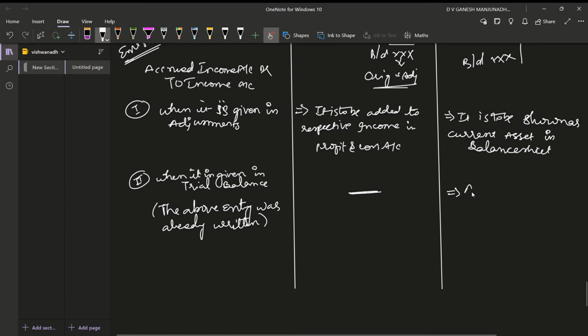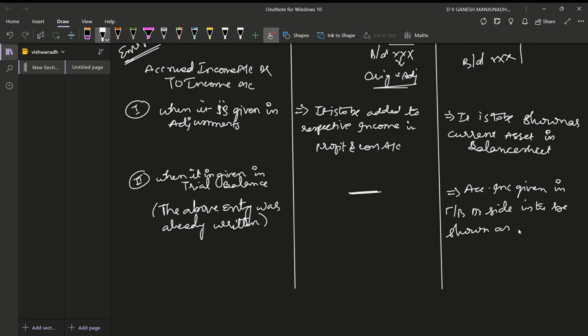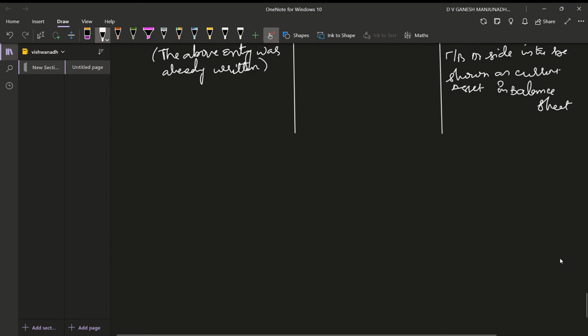So accrued income given in trial balance on the debit side is to be shown as a current asset in the balance sheet. It is to be shown as a current asset in the balance sheet.